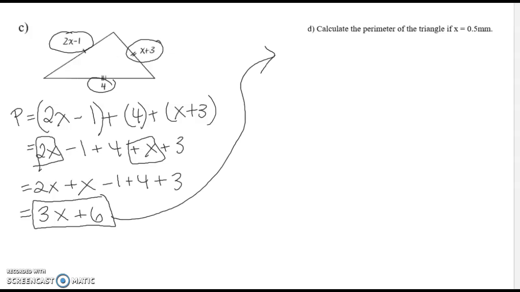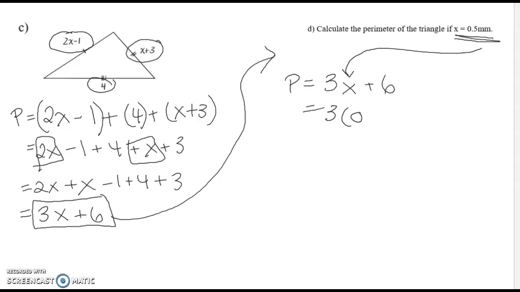But now we are going to calculate the perimeter of the triangle when x equals 0.5 millimeters. So perimeter equals 3x plus 6. Where we have an x, we are going to plug in 0.5. So 3 times 0.5 and then plus 6.